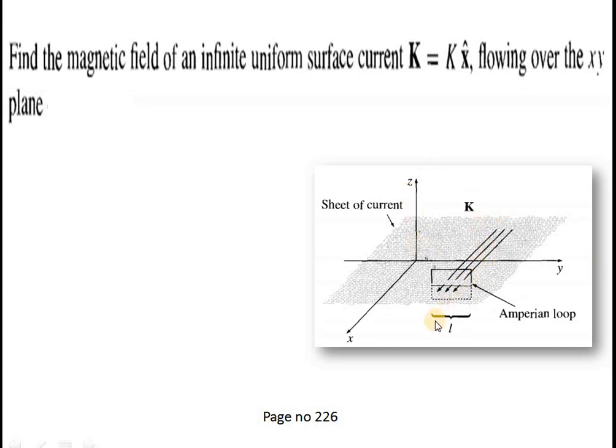So current is flowing in the xy plane, and you are asked to find the magnetic field on both top and bottom of the sheet. This is an infinite sheet, with current flowing along the entire xy plane. What will be the magnetic field at the bottom, and at the top? This question is given in your prescribed textbook, Griffiths, and it is solved in the book.